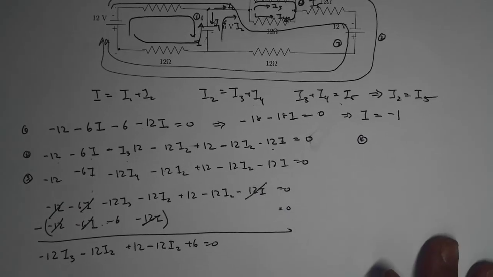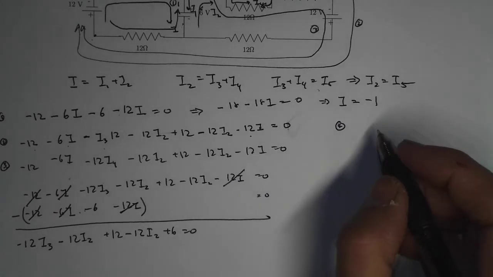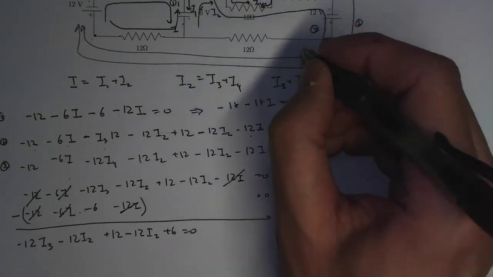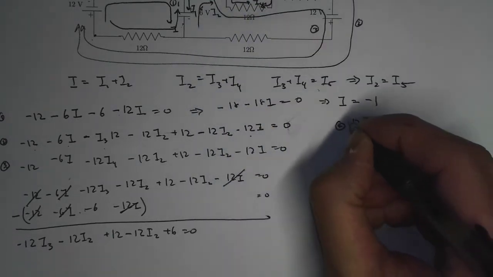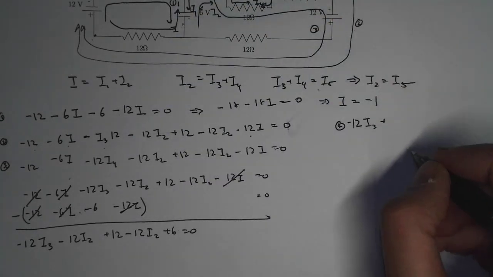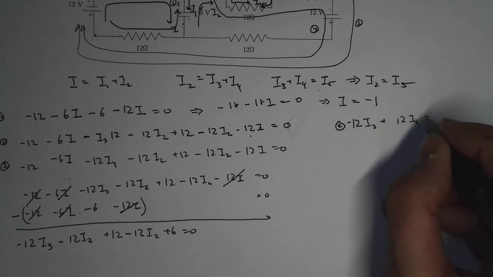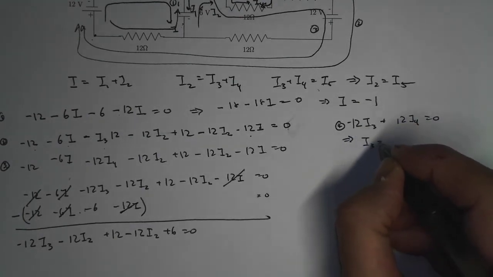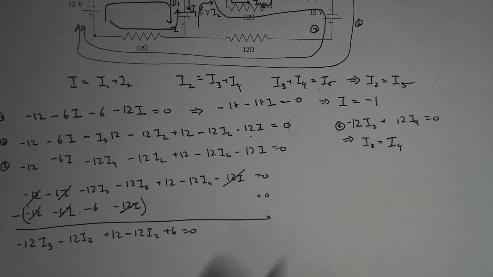Going around here, this will be 12 minus 12i3 plus, because I'm going the opposite way, 12i4 equals 0. What this basically gives you is that i3 is equal to i4.